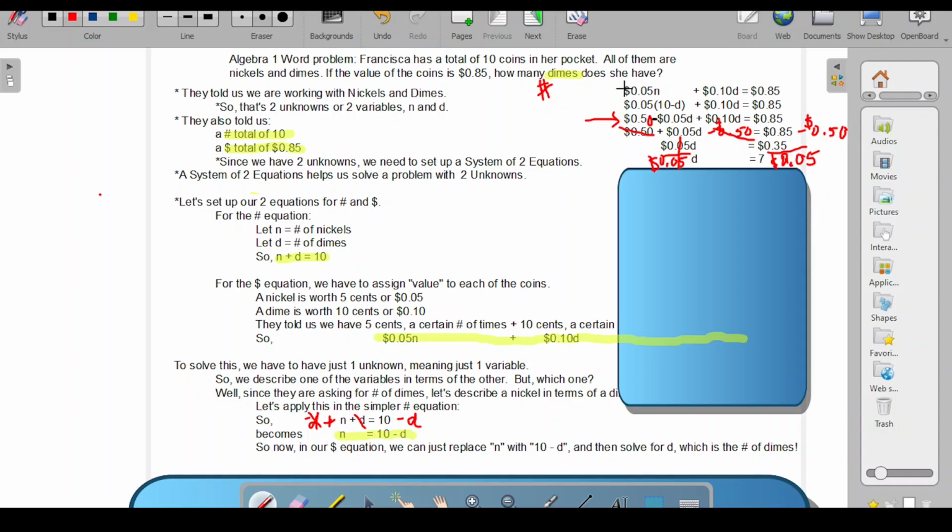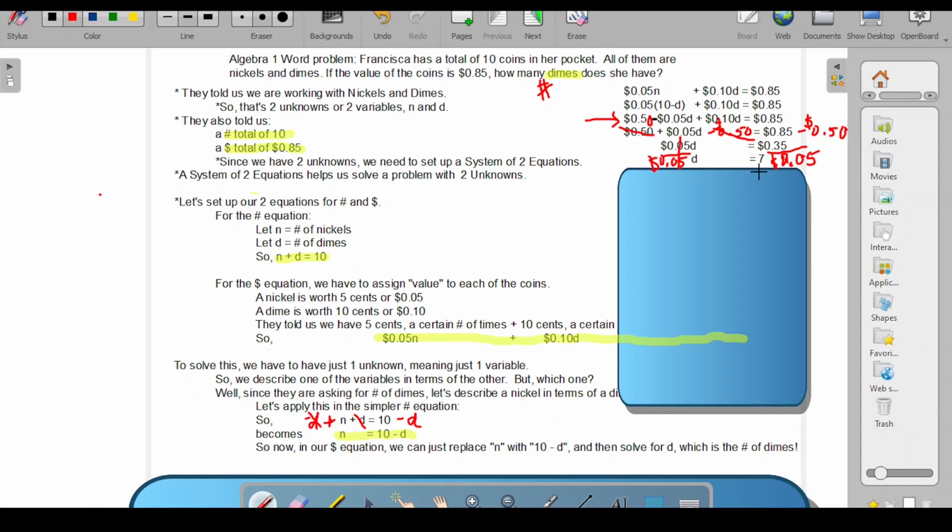Right now dollars are our units, but it could be inches, feet, millimeters, ounces, anything. When you get into chemistry, it'll be moles. So it's good to have your units. So the number of dimes is 7.